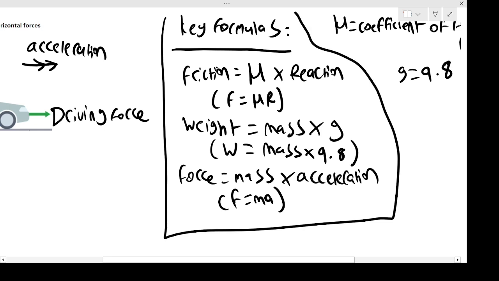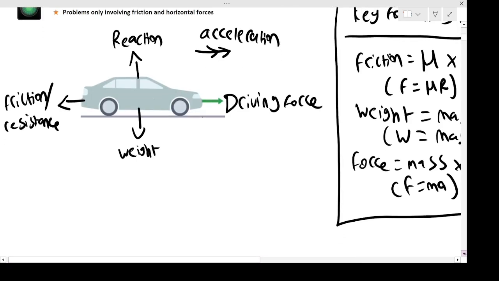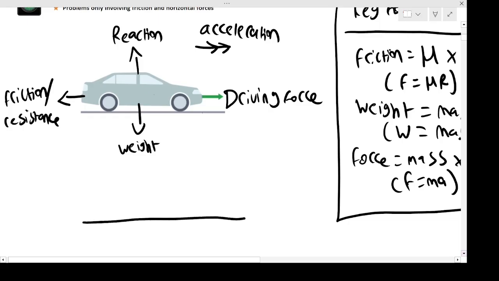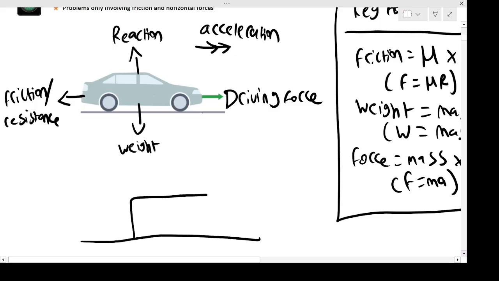Now, as a quick numerical example to demonstrate this, let's say I have a car of 500 kilograms.